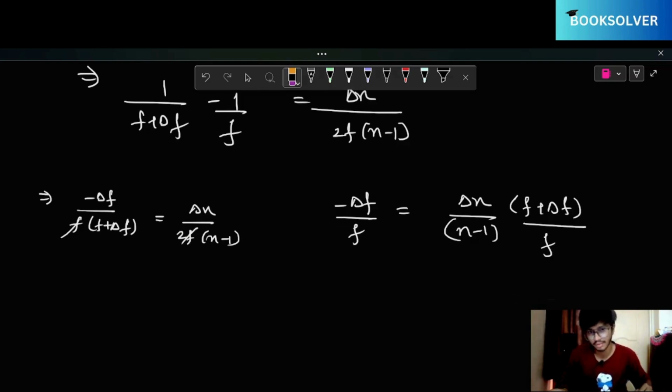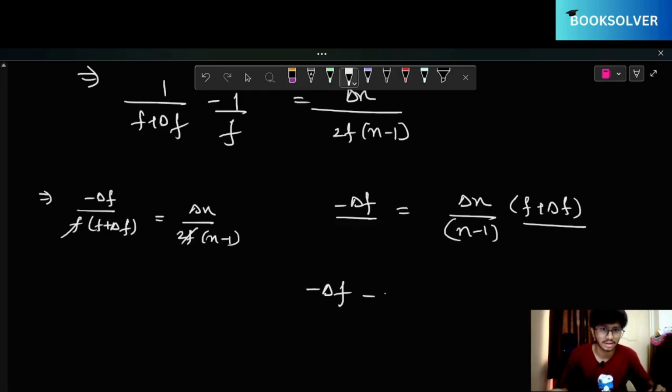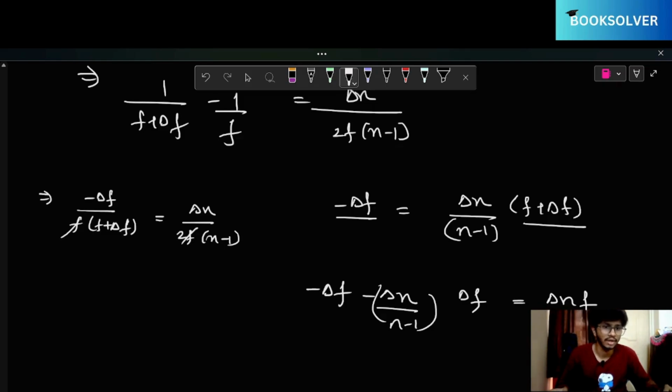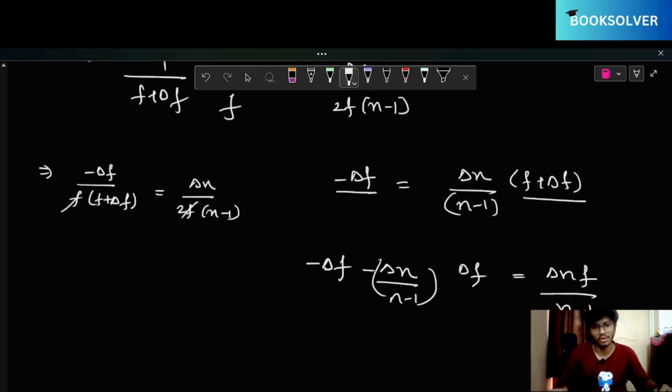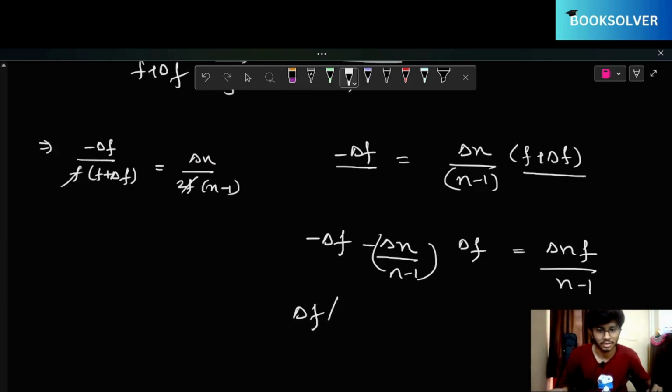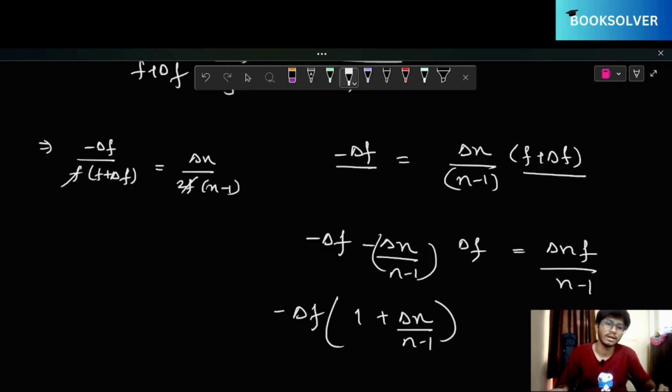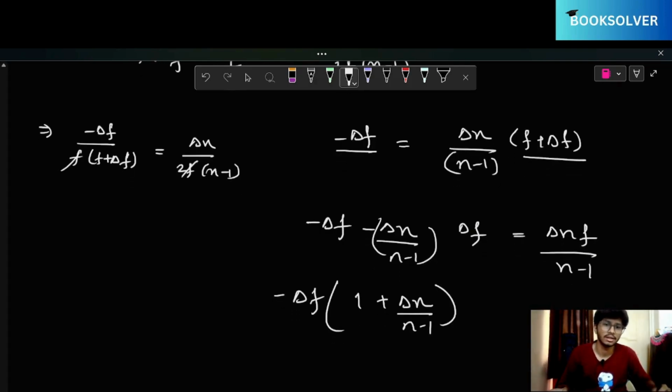Then minus delta F minus delta N by N minus 1 into delta F is equal to delta N F by N minus 1. Then we take delta F common, then minus delta F common, then 1 plus delta N by N minus 1. This is equal to delta N F by N minus 1.